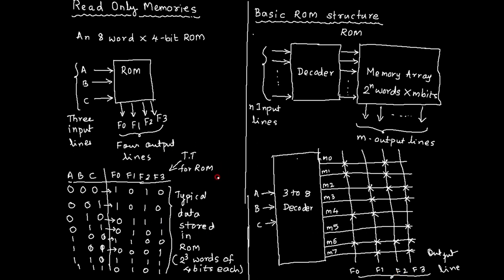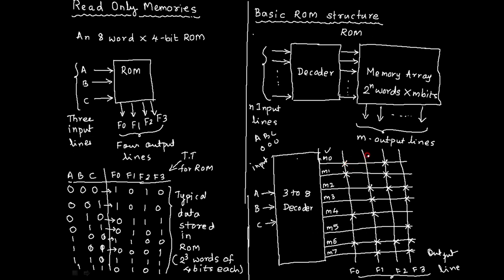If you consider a random truth table, say for the 0 0 0 input combination, A, B, C all are 0. When 0 0 0, this particular decoder should point to M0, and in M0 this cross indicates we have stored value 1, and without a cross we have connected it to ground.